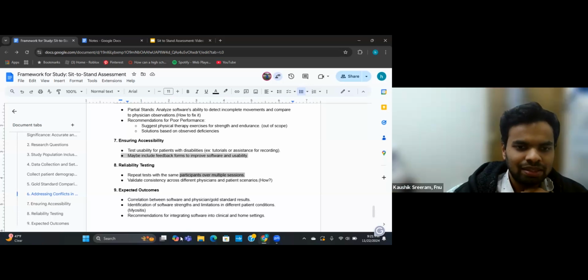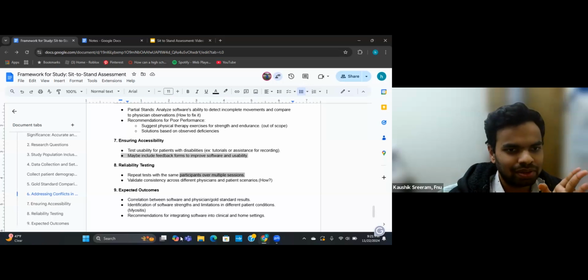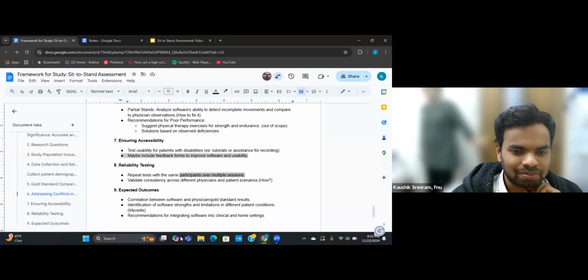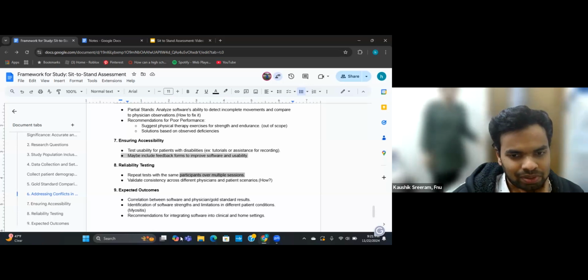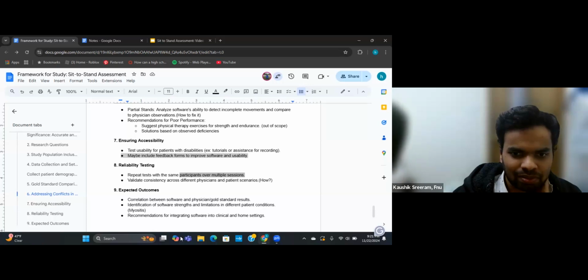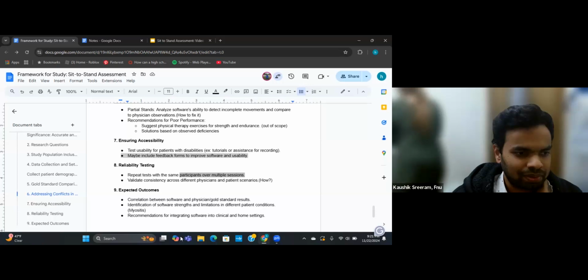Okay. So I think the main thing is let's go from section to section, right? First of all, this is a good second draft, and we have come a long way when it comes to how we are designing the study. The objective is more or less clear, but you need to be more specific about what our software is or what we are trying to do.